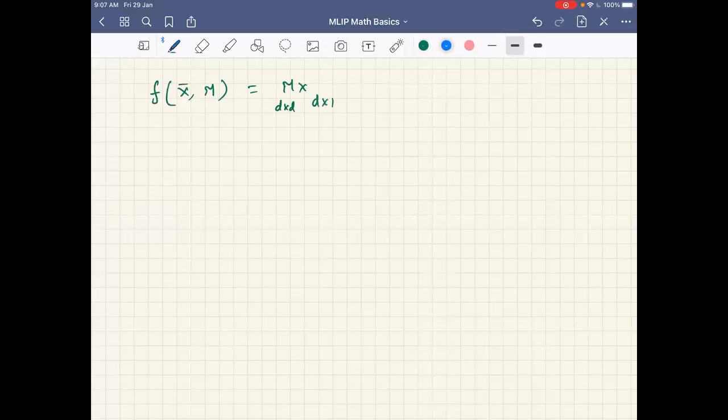What are the dimensions of this f? D cross 1. This is a vector valued function, which means the function itself will return a vector. You can consider it as a vector function.